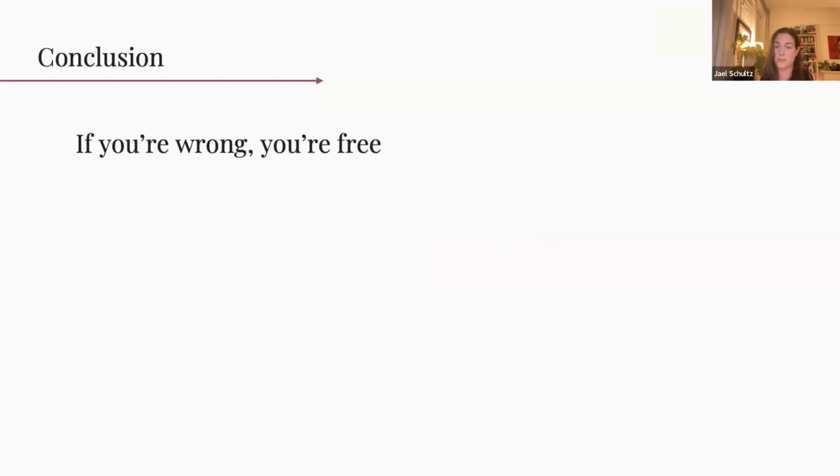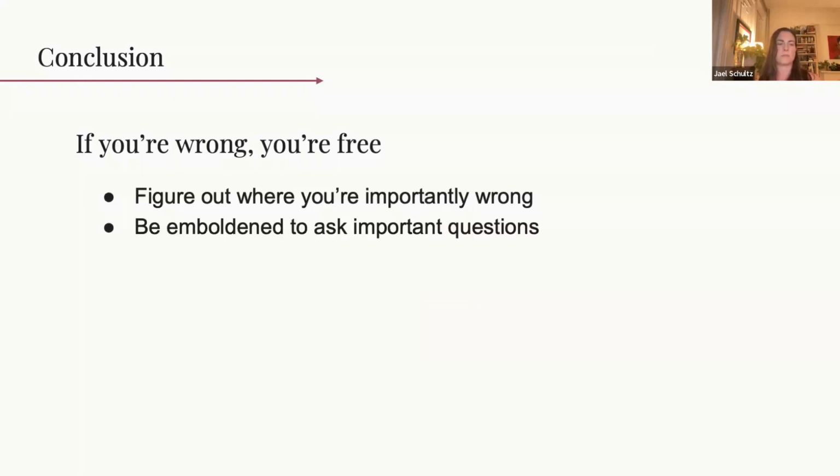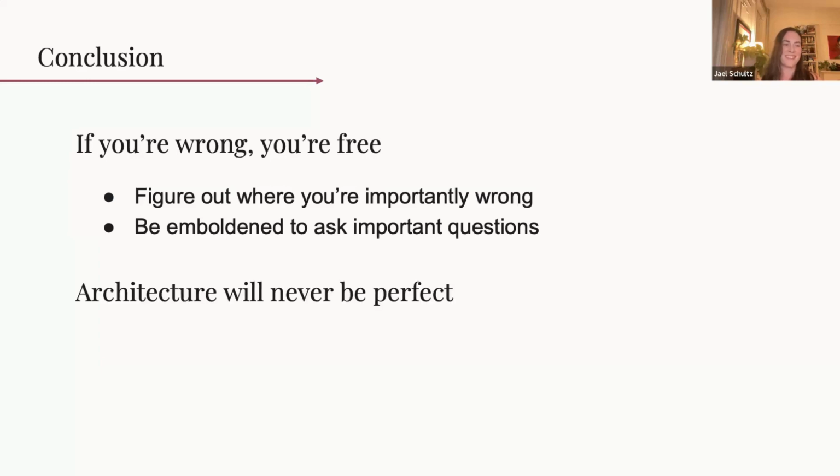If you're wrong, you're free. And that means that you can figure out where you are importantly wrong about something. It also means you can be emboldened to ask important questions, or I think I said earlier, the stupider the question, the better. Feel free to make your desktop wallpaper say that if you'd like.